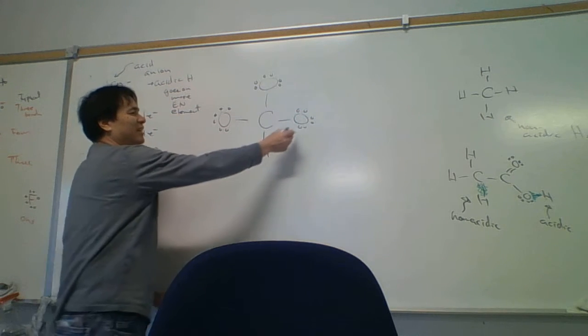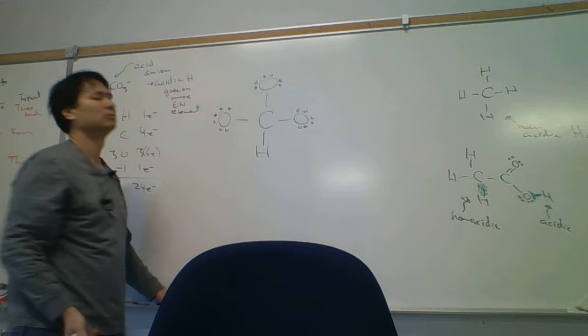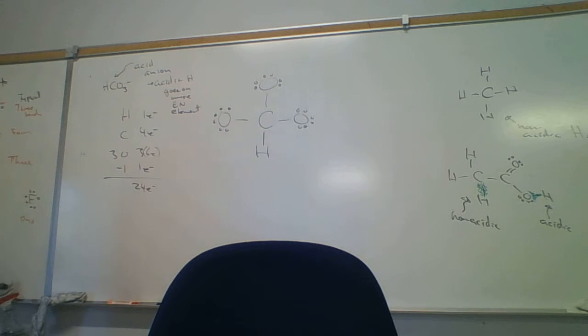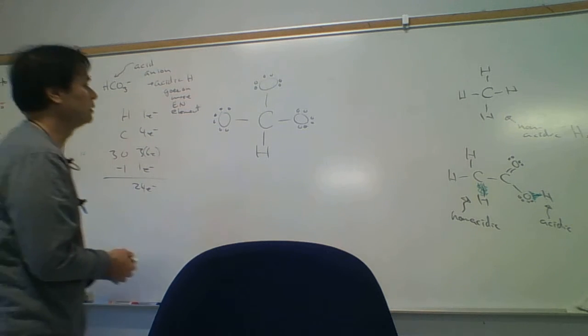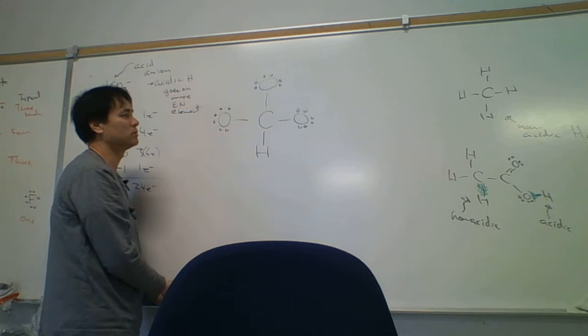So I did that here. Carbon has an octet and all the oxygens have an octet, so it looks good. Calculate the number of valence electrons in the Lewis structure. So let's figure out how many electrons I have in this Lewis structure.